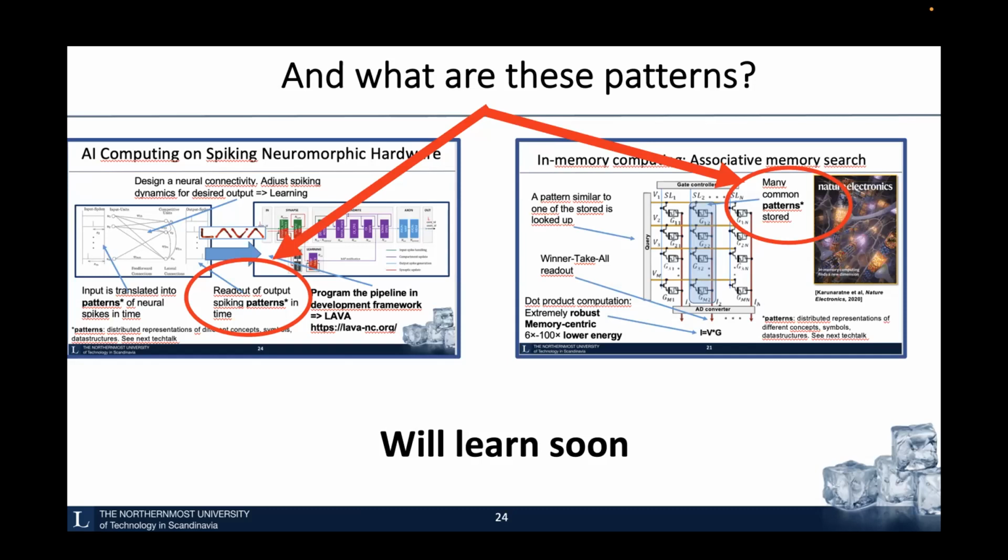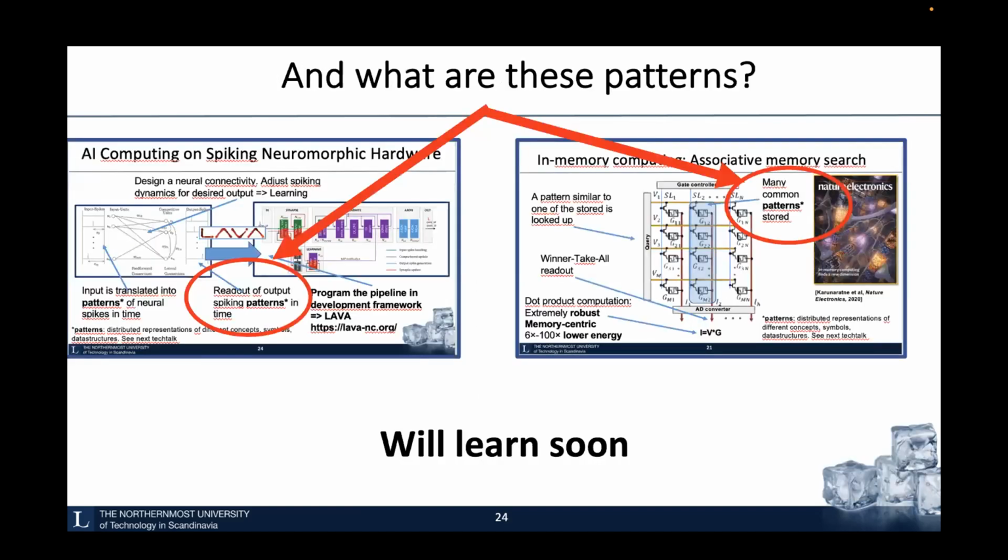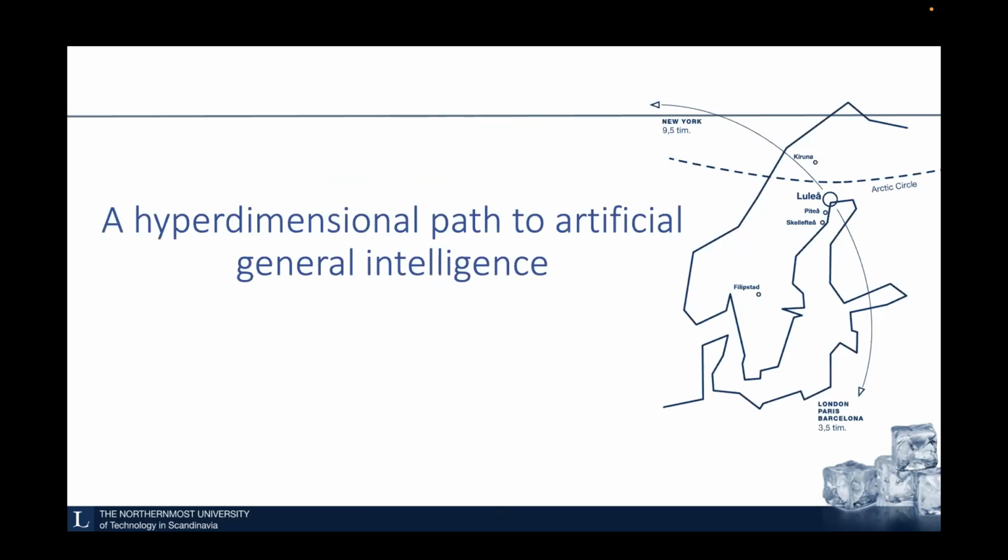So what I will be talking about is the way to represent different concepts as patterns or as vectors which are both suitable for in-memory computations, but also compatible with this spiking hardware, and yet have relationships to data structures and symbols and such.